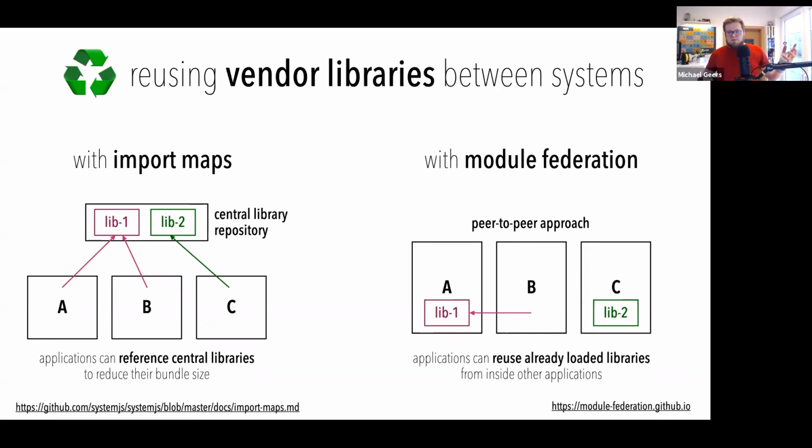So if we have application A, for example, which brings Vue.js, and the creators of bundle A have marked Vue.js as something that can be shared, and you load the code from library B, library B can check if Vue.js is already present in the page, and if the version is matching and fulfills all of the requirements, it can just link to the existing version and omit its own download.